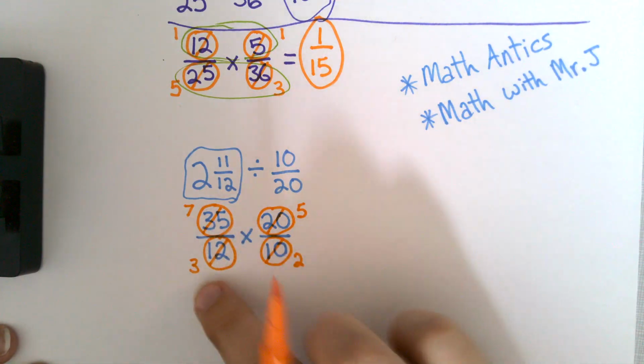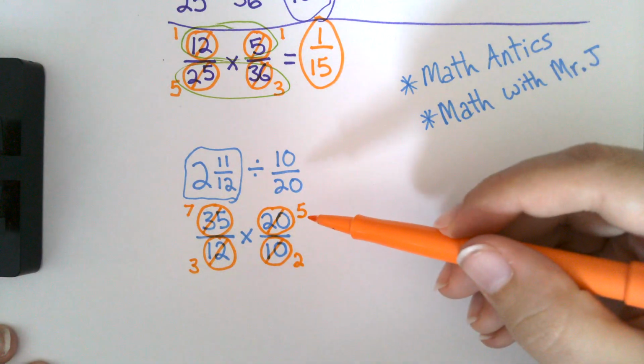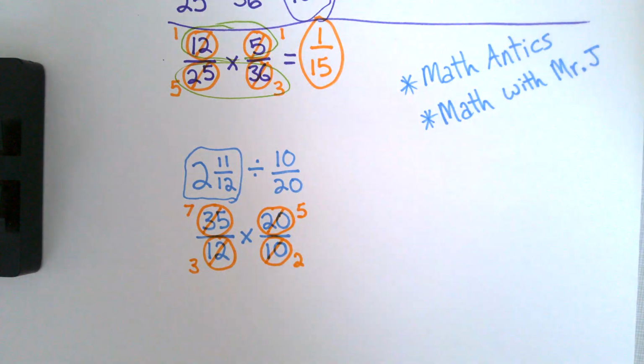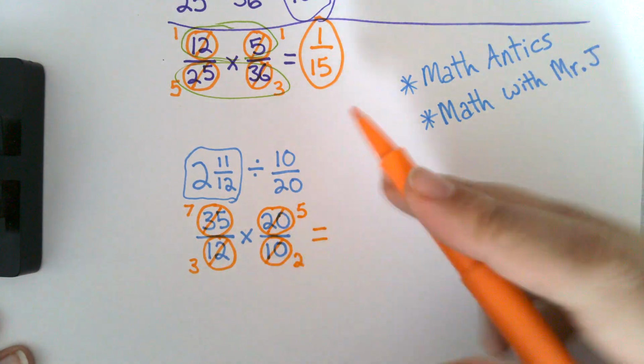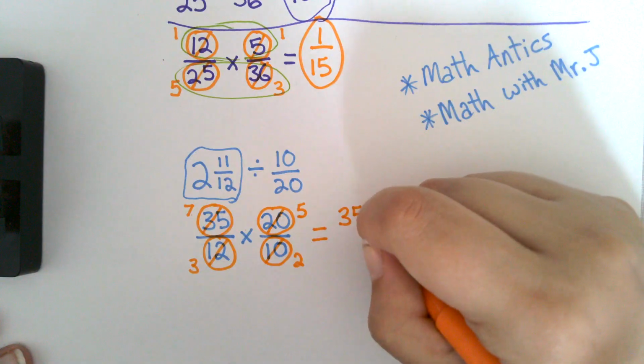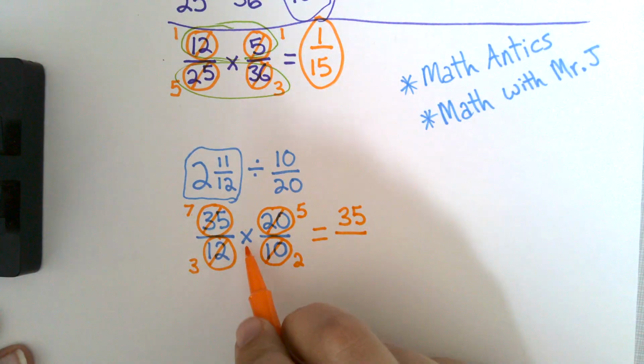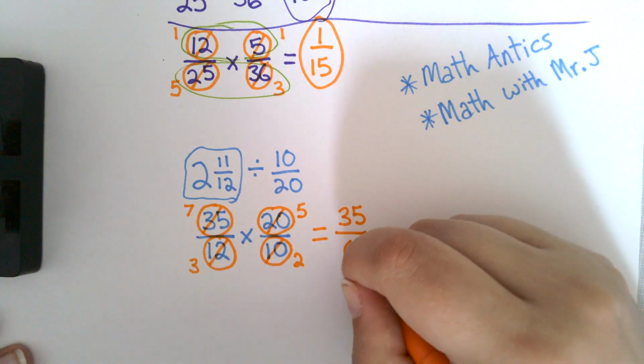Now that I have these smaller numbers and there's nothing else on the top row and the bottom row that could be simplified anymore, then I would multiply. 7 times 5 is 35, and 3 times 2 is 6.